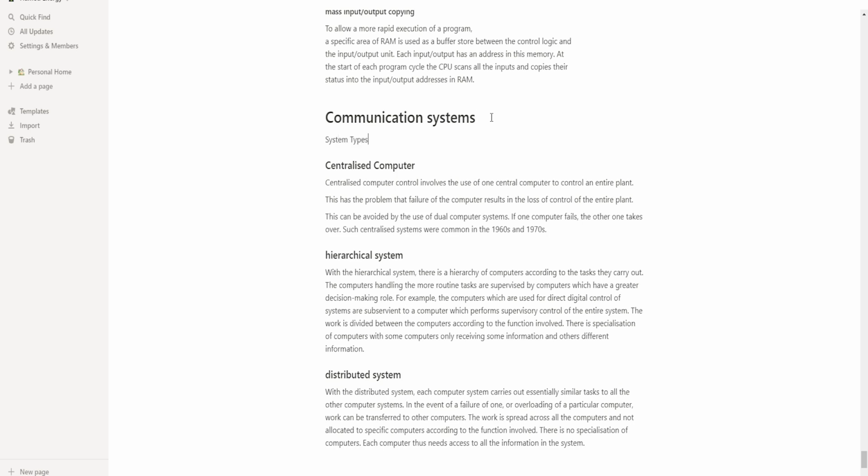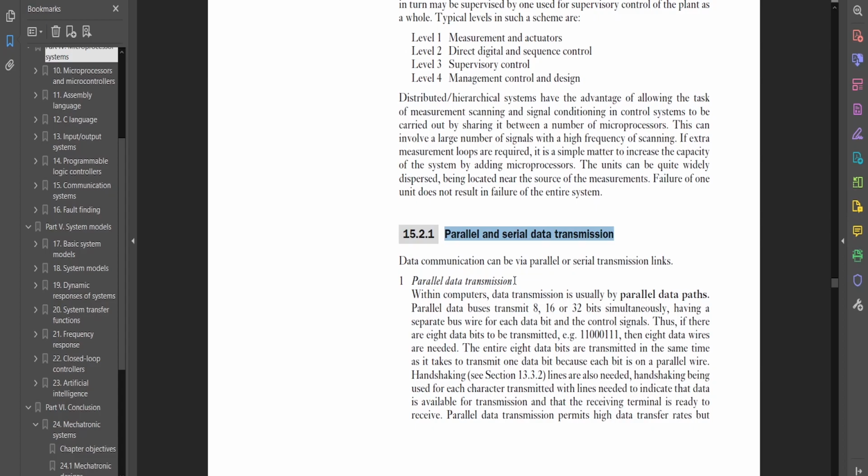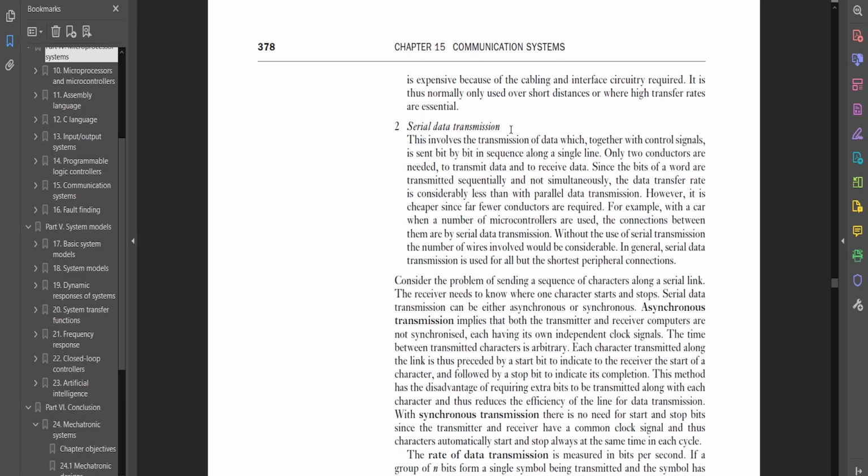System types. Transmission: we've got parallel data transmission, and we've got serial data transmission.